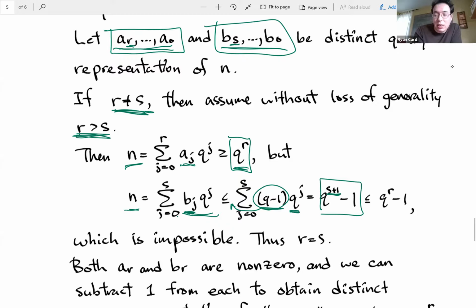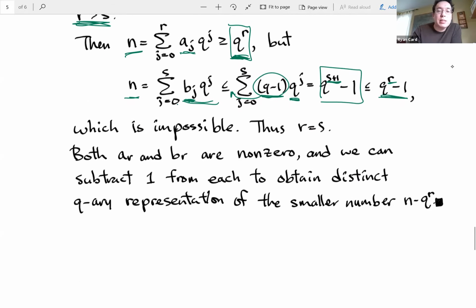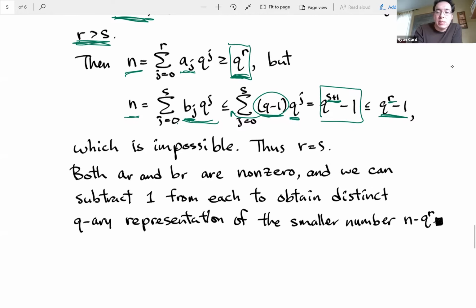So if I replace s plus 1 by r, I'll get something that's equal or bigger. But see what we have now is n is greater than or equal to q to the r, and also less than or equal to q to the r minus 1, which is, you can't be bigger and smaller at the same time. So that is impossible.